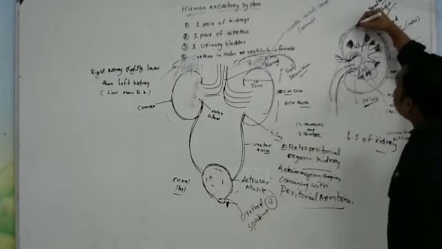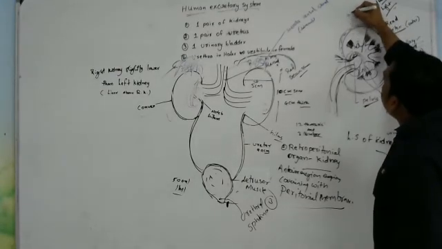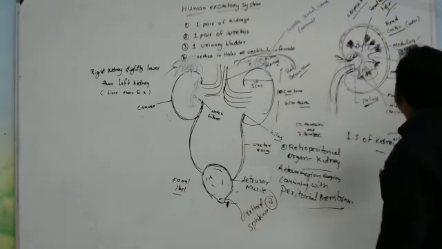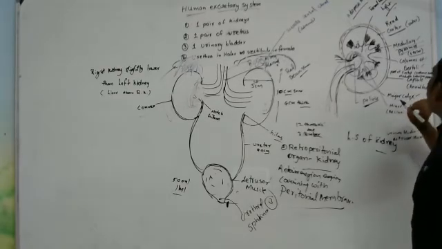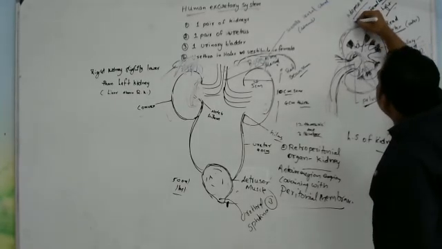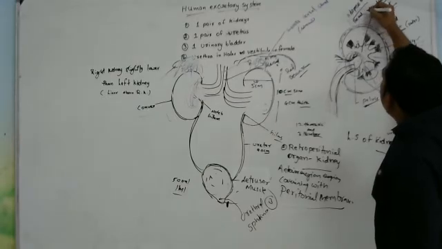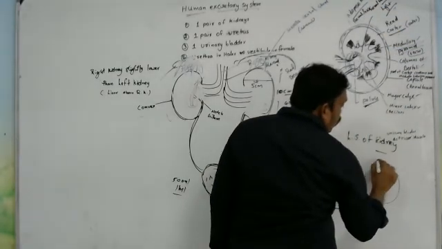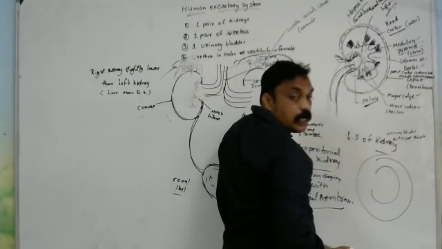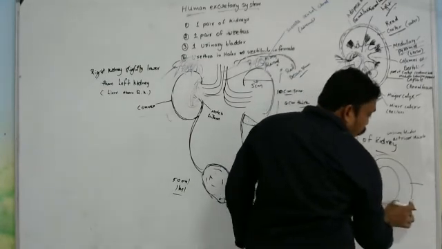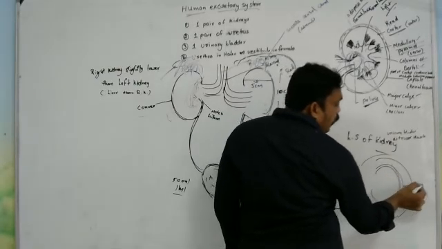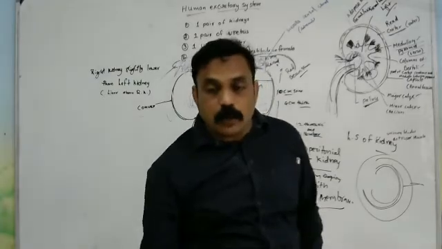The kidney is covered with adipose tissue, and that outer covering layer of fat we call the renal fascia. Adipose means fat substance.